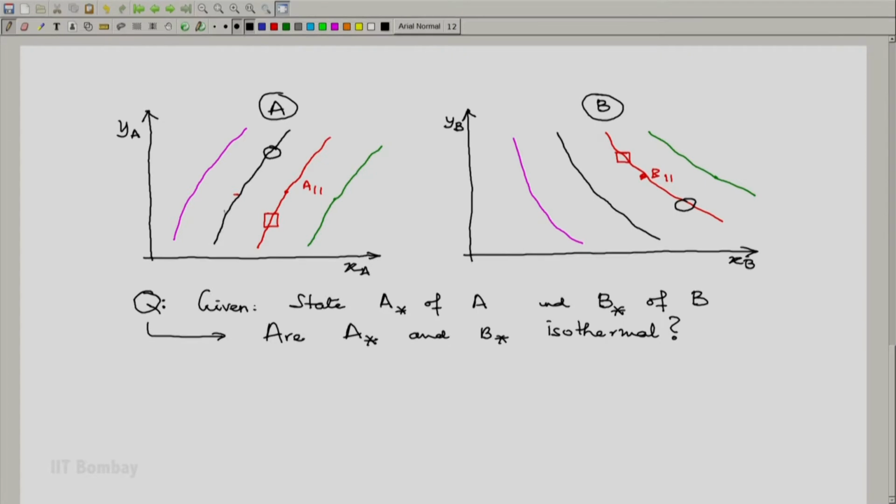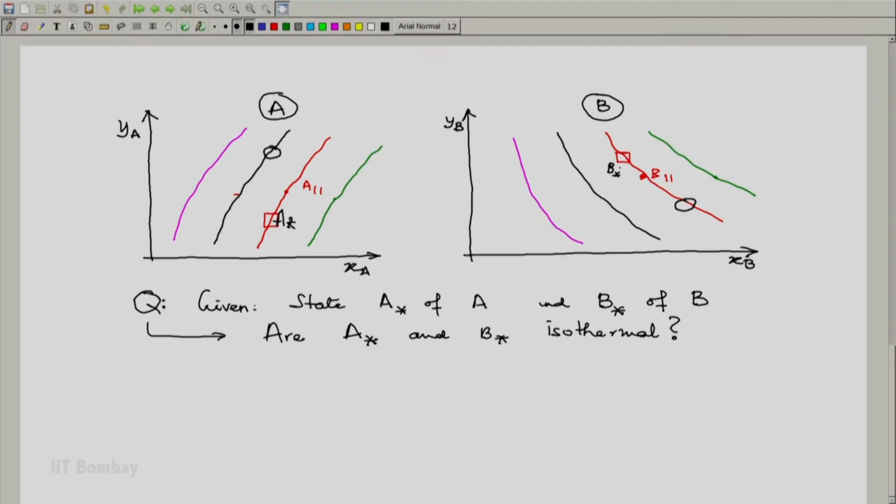And then we saw that if, for example, A star happens to be on the red isotherm and B star also happens to be on the red isotherm, then we will say these two states of the corresponding systems A and B are isothermal.